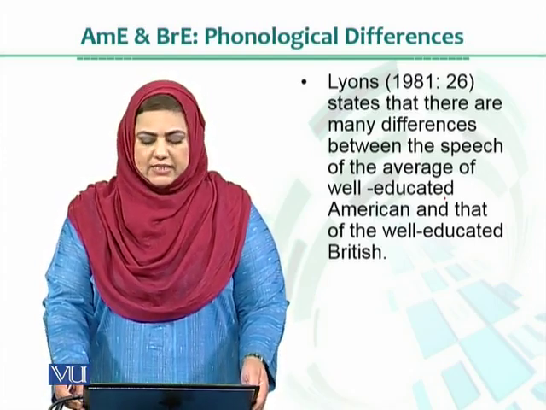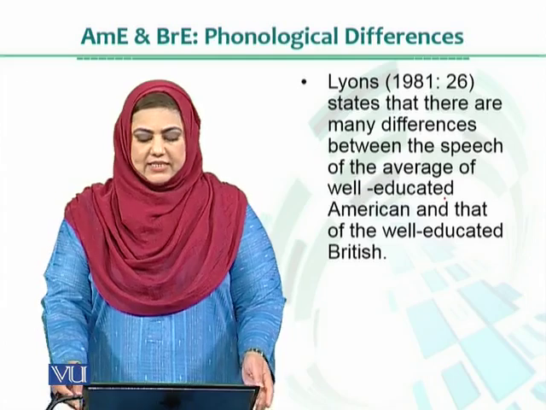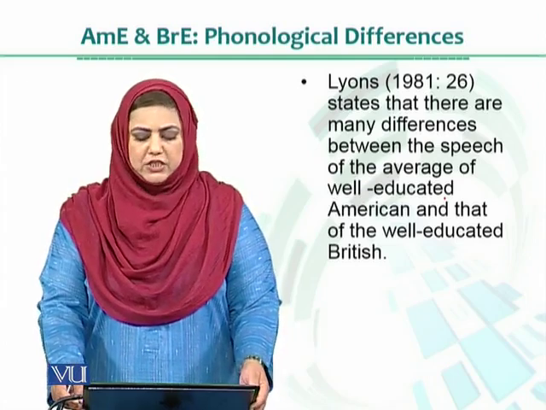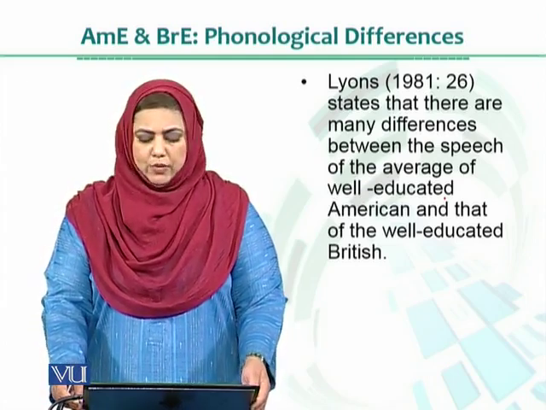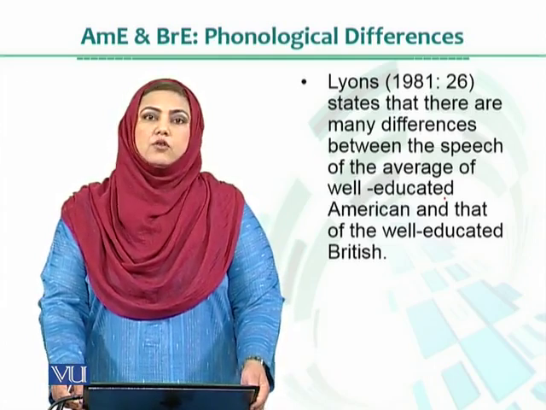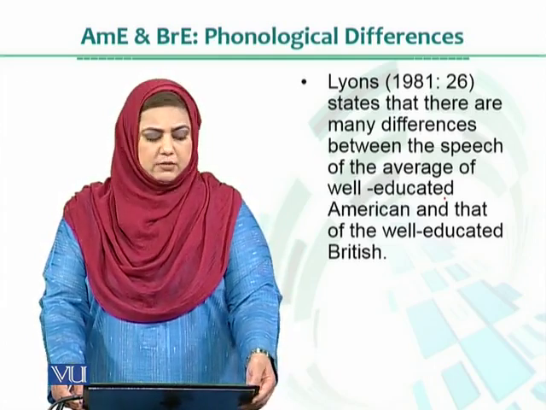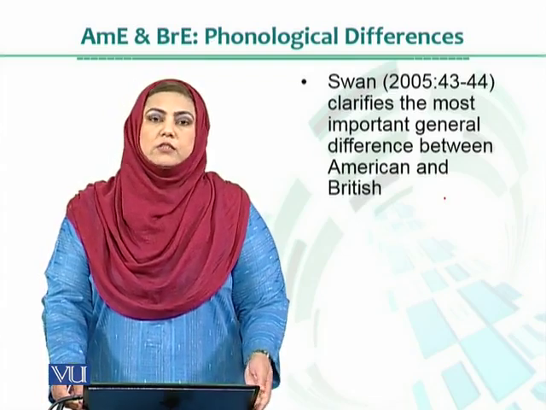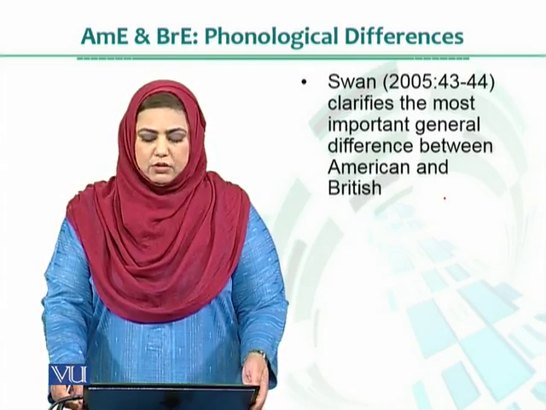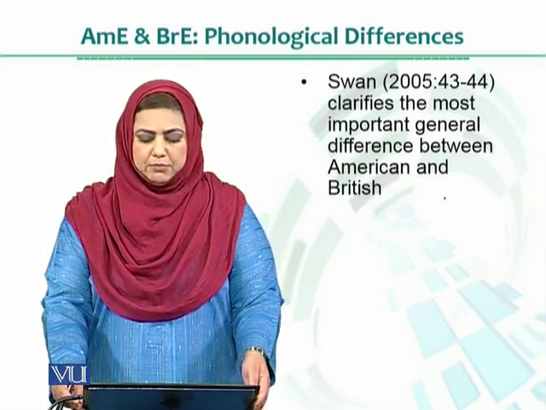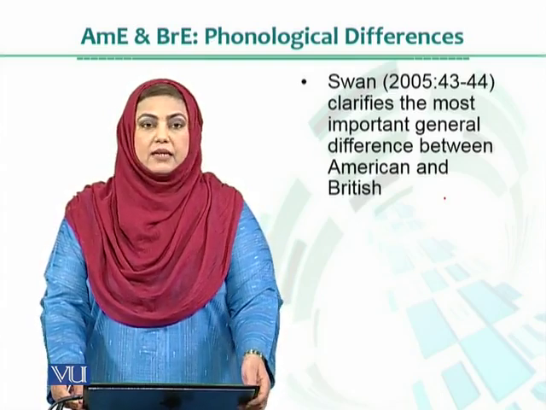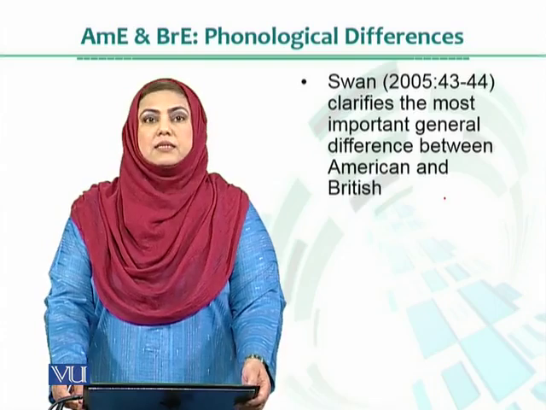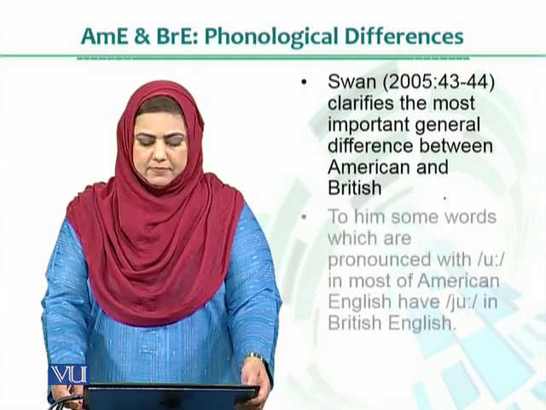Moving onwards, I would say Leon's 1981 states that there are many differences between the speech of the average well-educated American and that of the average well-educated British. Swan has also pointed out some of the differences, and in 2005, he clarifies the most important general difference between American and British English, and he gives certain examples for that.